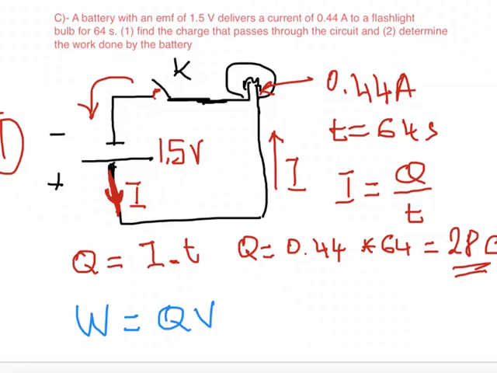W equals 28, the charge, multiplied by the voltage, 1.5 volts, and that will give us something like 42 watts. So 42 watts is the answer.